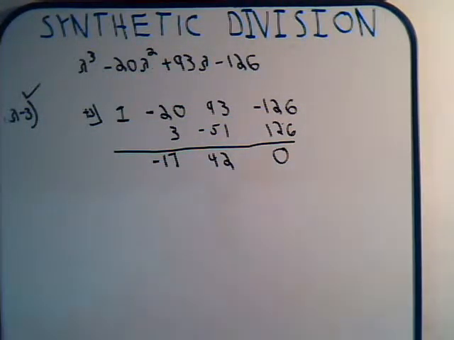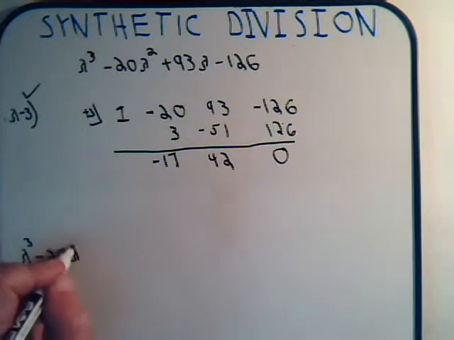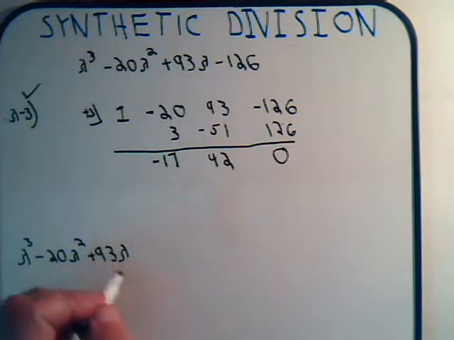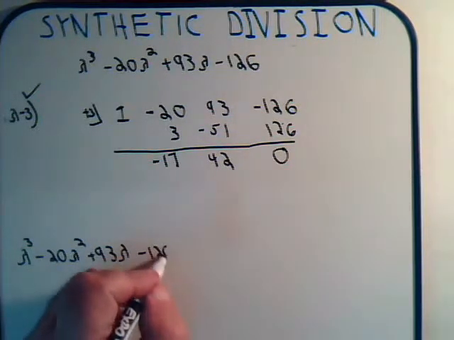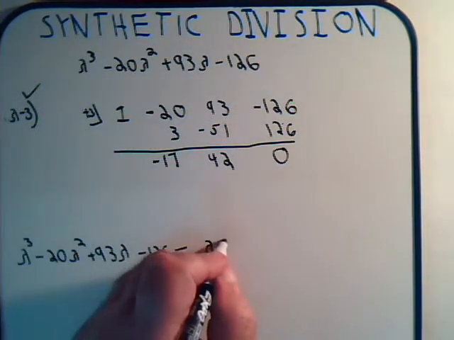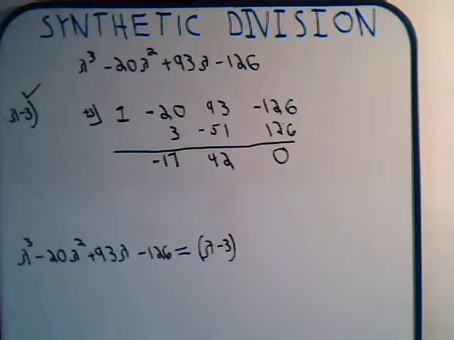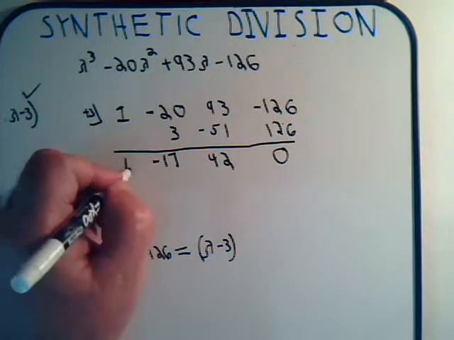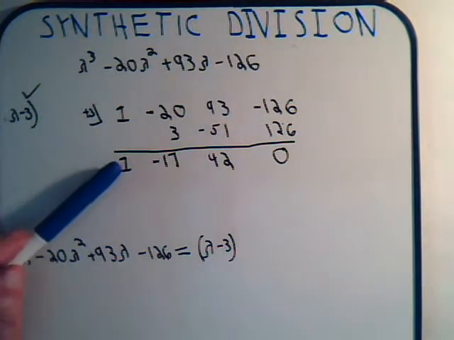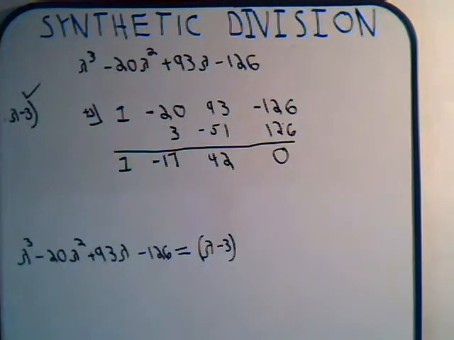Okay, finally. So now we can say that lambda cubed minus 20 times lambda squared plus 93 times lambda minus 126 will equal lambda minus 3 times what? Now we know what we did before. Take this one, bring it down, and in our original polynomial, this one was the coefficient of lambda cubed.